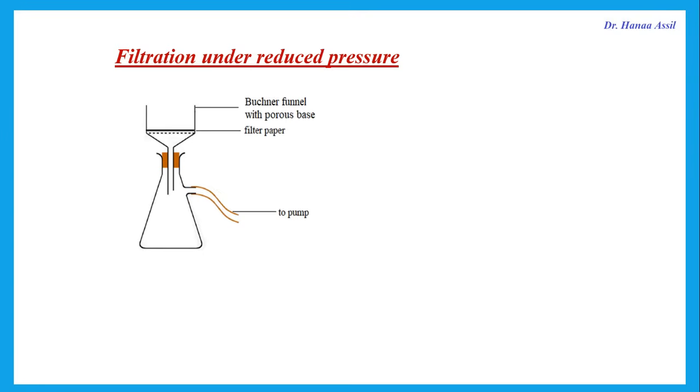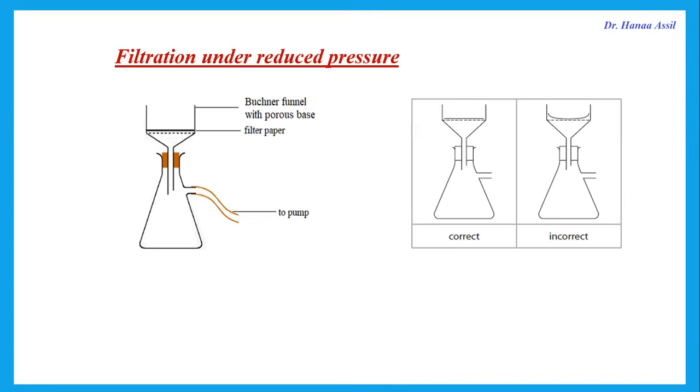In this case, we use what we call a Buchner funnel. This is a ceramic funnel with holes, so it has a porous base. And we put the filter paper on these holes, and this allows filtration under pressure, because when we connect this to the pump, then the pump sucks the filtrate through the filter paper.